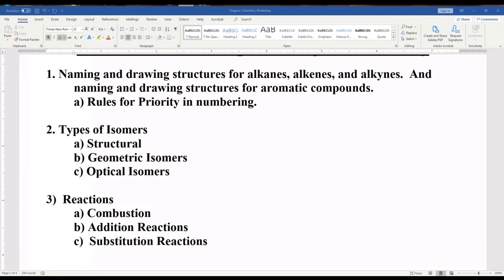And I really want to focus on the fundamental concepts here, which would be naming, isomers, and reactions. So let's go ahead and begin.